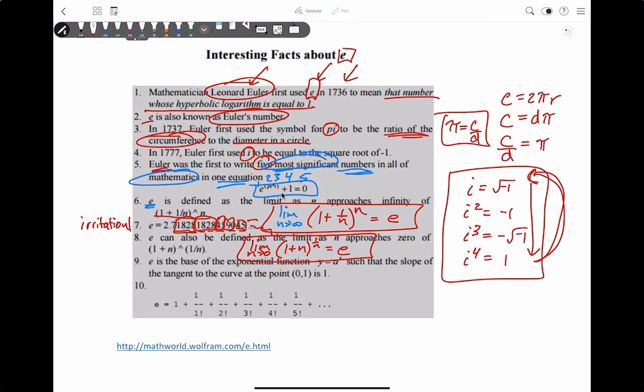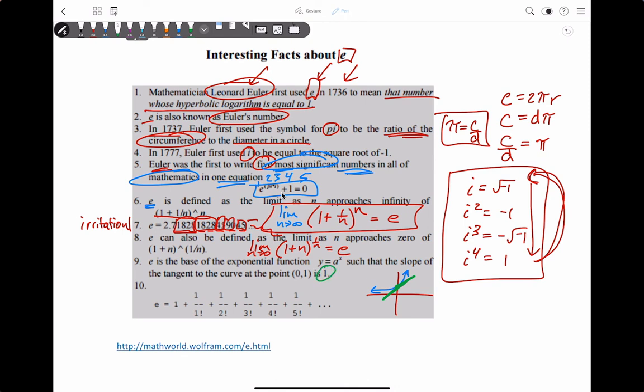And then number 9, e is the base of the exponential function y is equal to a to the x, such that the slope of the tangent to the curve at the point 0, 1 is 1. Whatever the graph of a to the x is, and it most likely would look something like that, the slope at 0, 1 is 1. The steepness of this is 1.